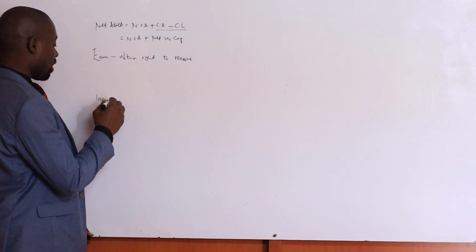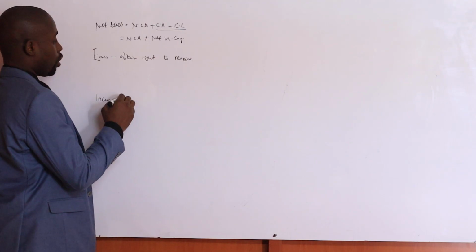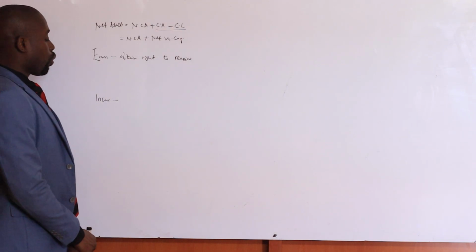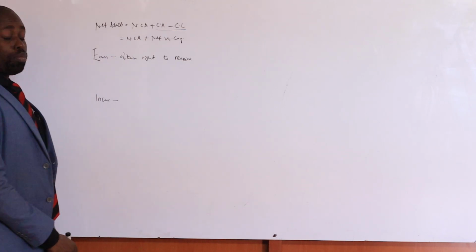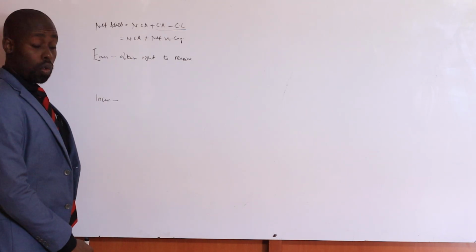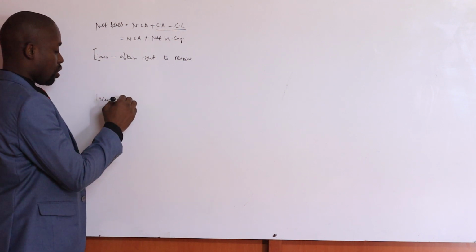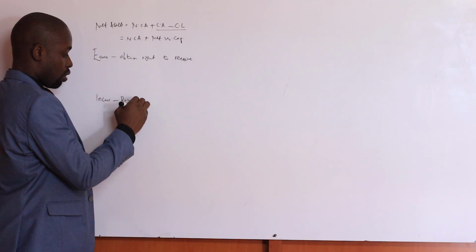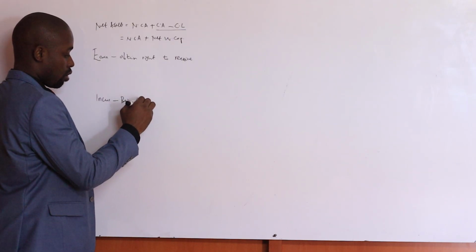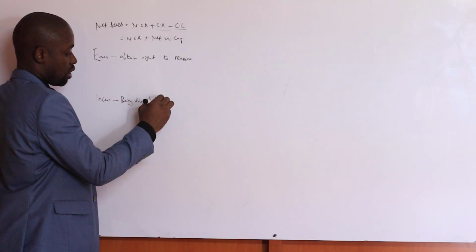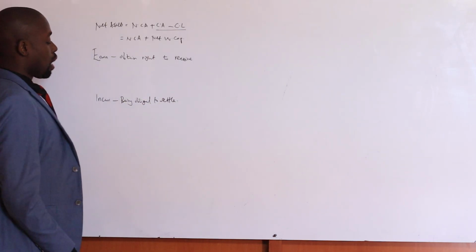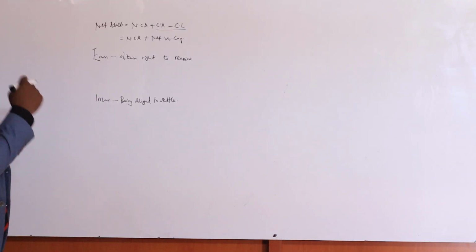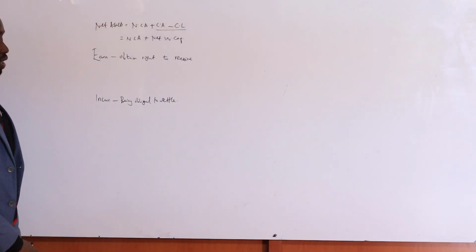And then incurring is where we do what? We are under obligation. Being under obligation to settle, okay? Being obliged to settle. When you are under obligation to give out money, you say you've incurred.